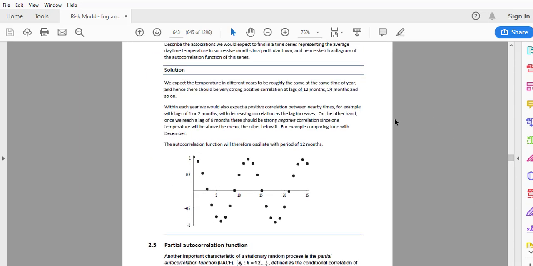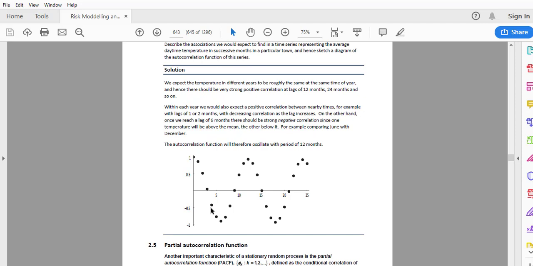The next one is if there is a seasonal trend. What happens is your correlation function just oscillates. Think about the temperature in any year, every June and December: the temperature is just the opposite. June very high, December very low.